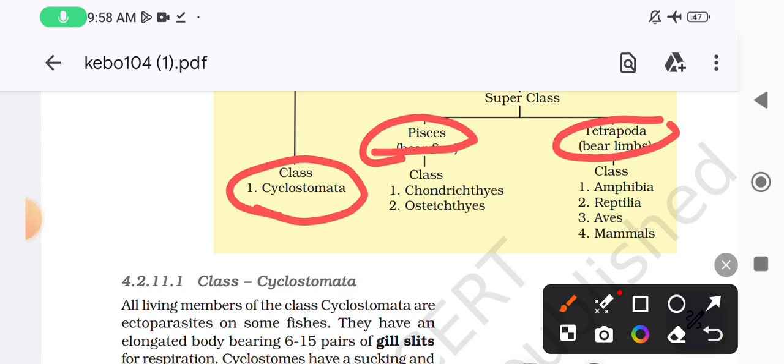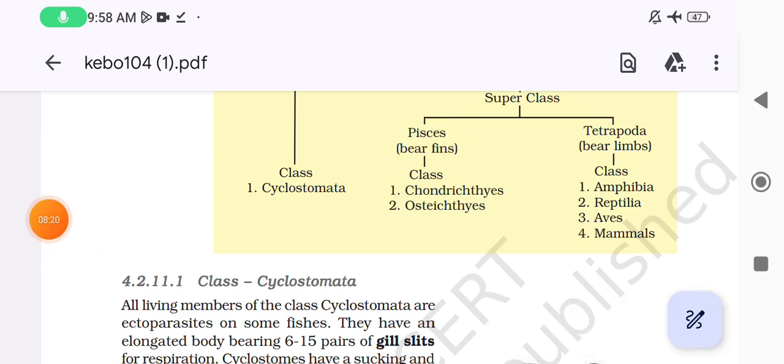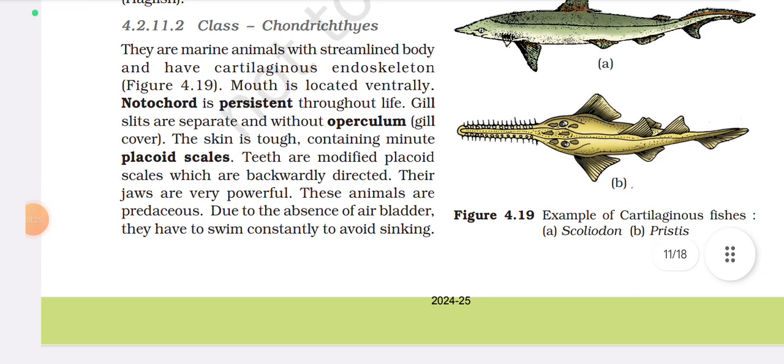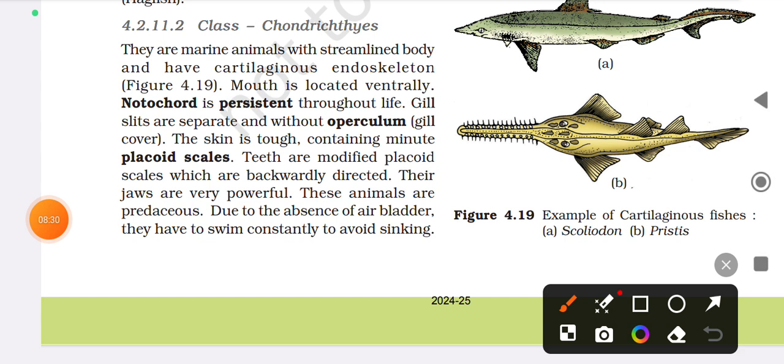Now Pisces have the first class, which is Chondrichthyes. Dear student, they are also marine. You can see here they are marine animals with a streamlined body.